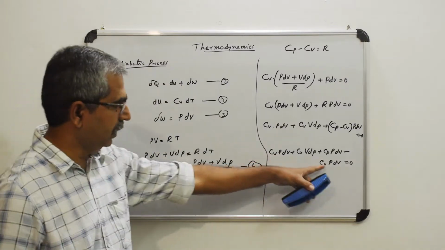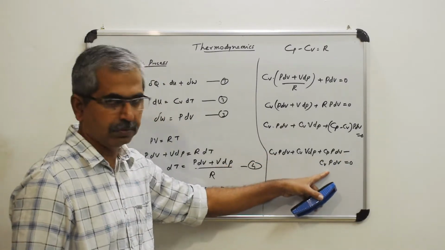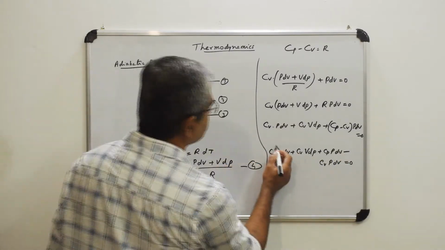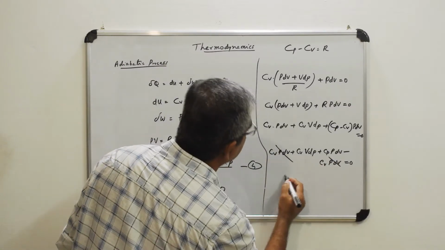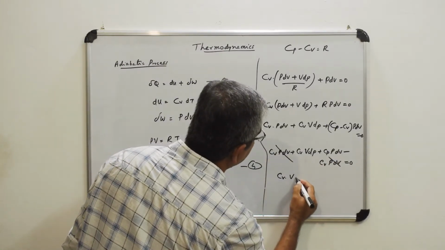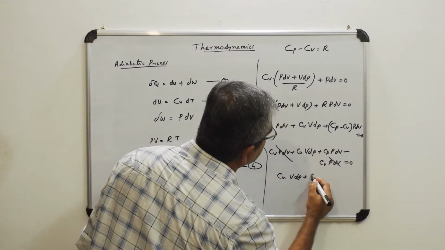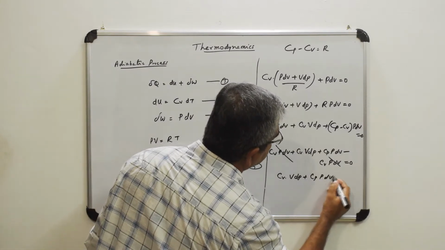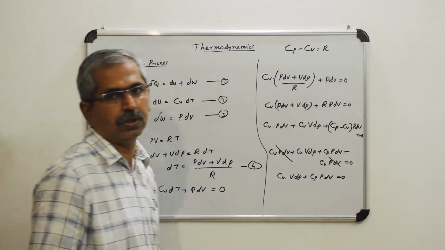So Cv into P dV, this is plus and this is minus, so these two cancel. Okay, so now we have Cv into V dP plus Cp into P dV is equal to 0.